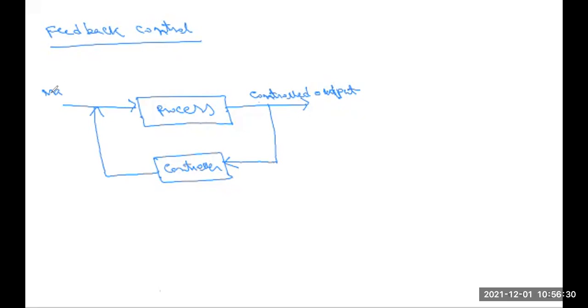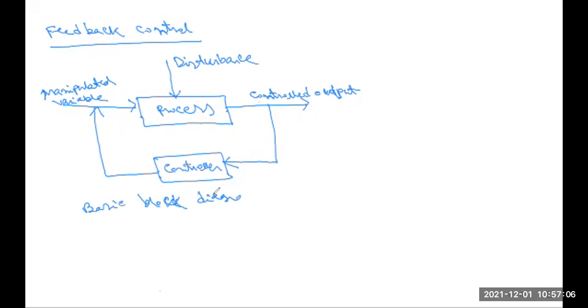This is the manipulated variable. This is the disturbance. Okay, so this is the basic block diagram of feedback control systems.